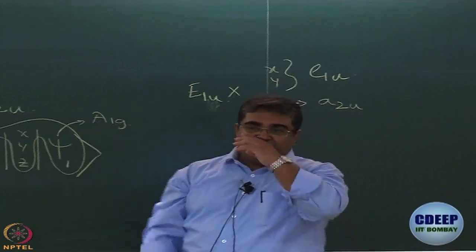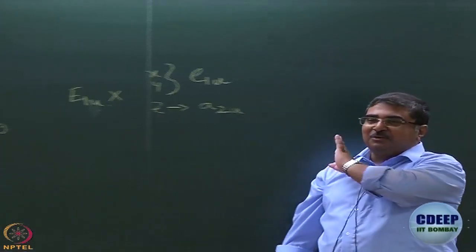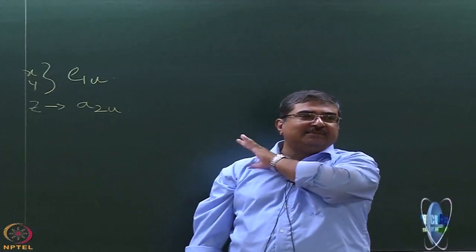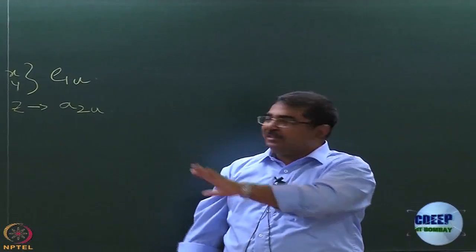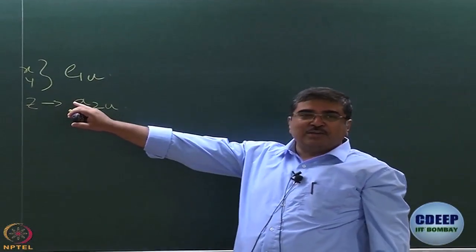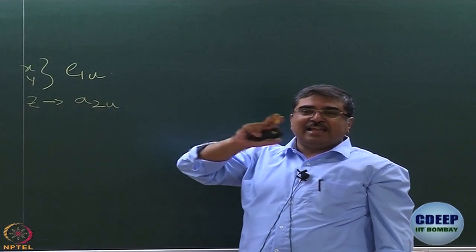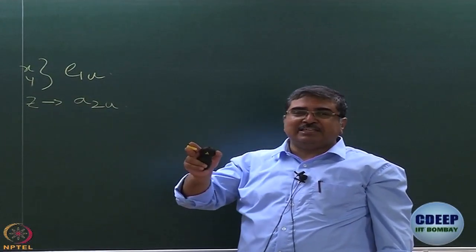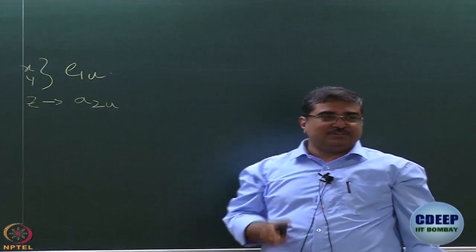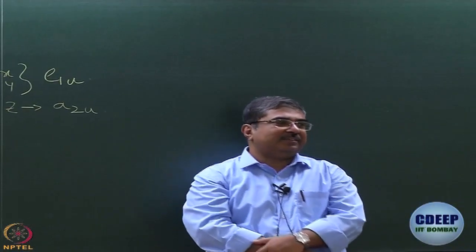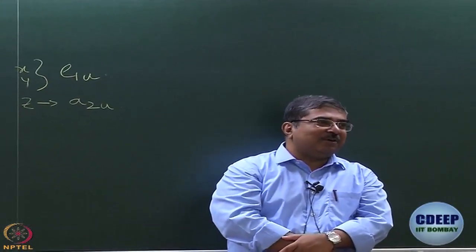Now with this information, without looking at the character table or the product table, can you tell me whether this A1G to E1U transition is allowed or not? Allowed? Why, Raksha?